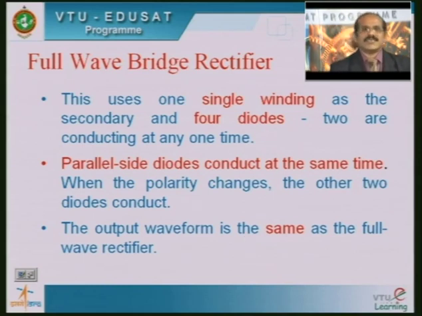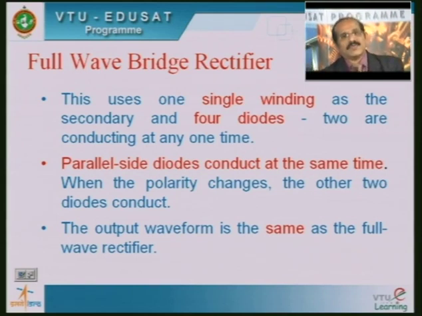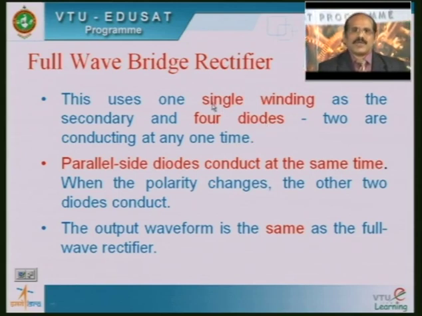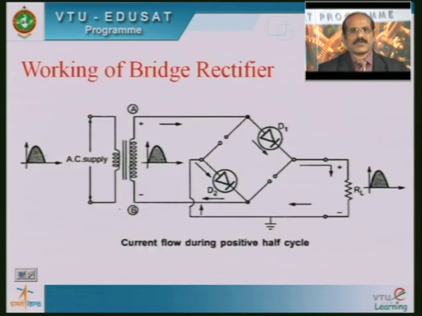Here in this slide, we are comparing the bridge configuration and the center tap configuration. The bridge configuration uses a single winding in the secondary and 4 diodes, whereas the center tap configuration uses only 2 diodes, and the output waveform is the same.